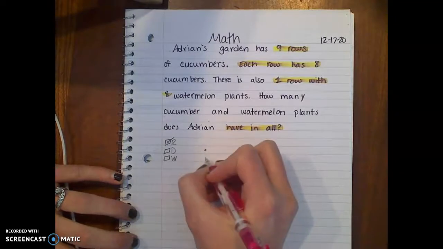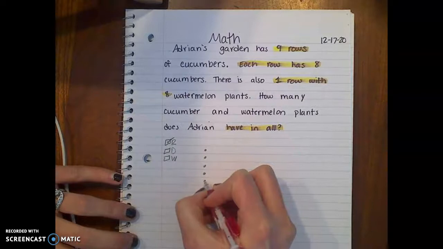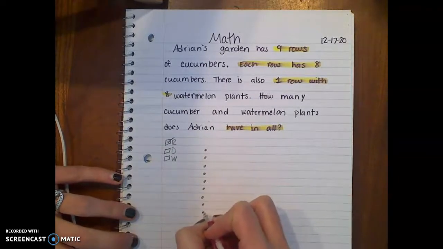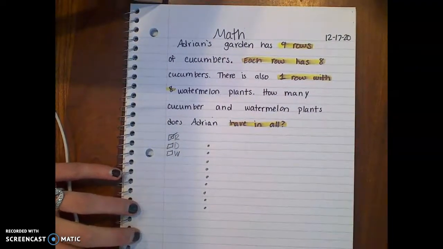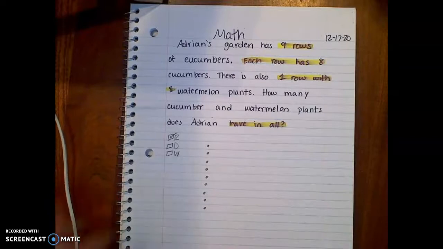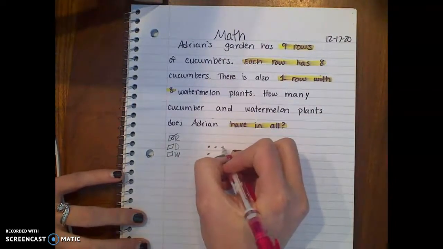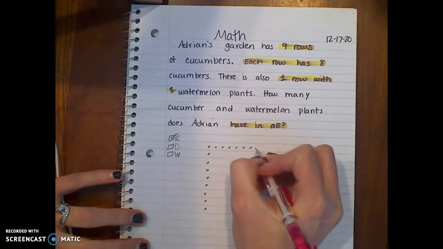So I'm going to draw 9 rows. 2, 3, 4, 5, 6, 7, 8, 9. There we have 9 rows. Each row has 8 cucumbers. So 1, 2, 3, 4, 5, 6, 7, 8.